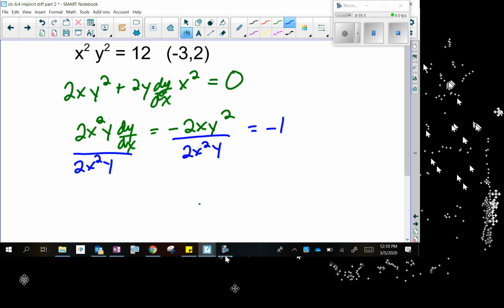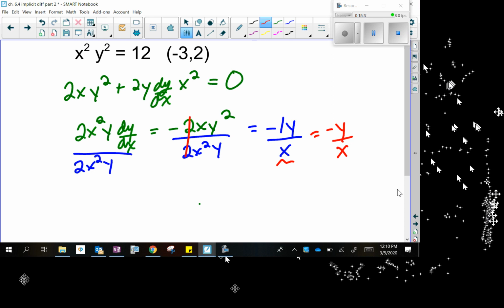Negative y over x. So your 2's cancel to give you the negative 1. 1x over 2 x's gives you 1x on the bottom. 2 y's over 1 y gives you 1 y on the top. So we get negative y over x. Everybody good with that? Okay.